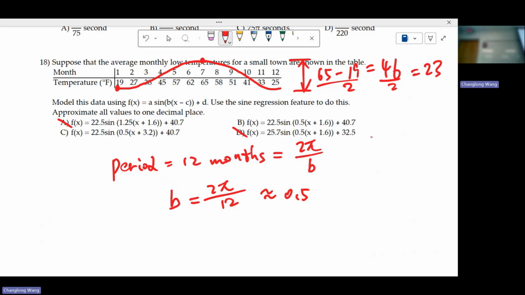Well, of course, there's no way you can tell how the 7 is magically worked out in such a way that it's related to where the sine has to peak. But if you look close at, let's say, letter C, do you see that when the temperature is at the peak, say, when x equals 7, the temperature is 65?